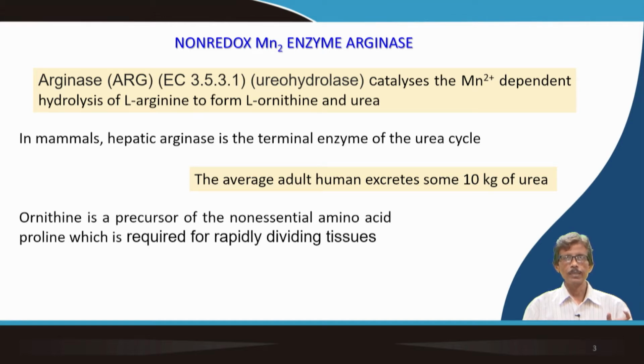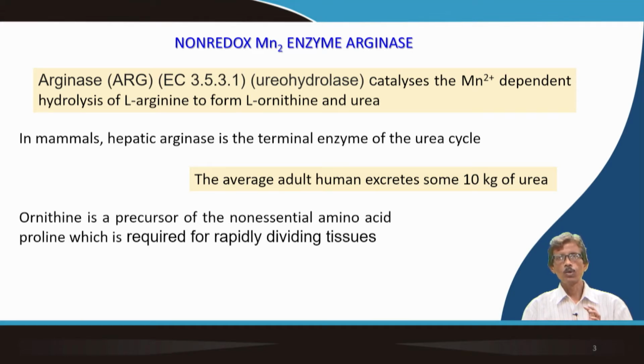You have the amino acid arginine, and there are proteins or peptides where we can have arginine residues, which we will also see how to test for chemically. Then the product is ornithine, and it is so substrate specific that only the L form of arginine can be utilized to give the L form of ornithine.